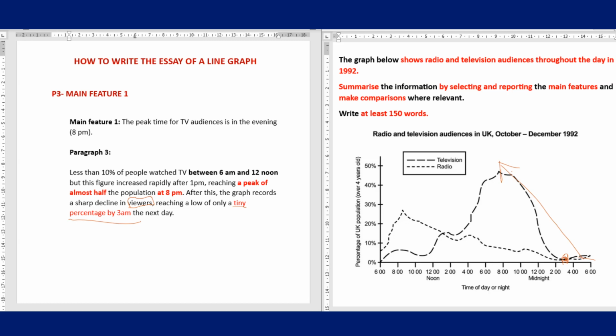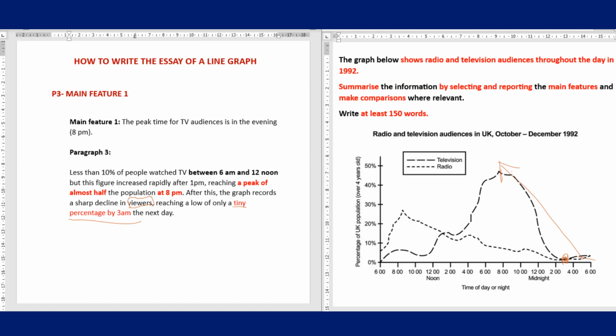All right, just use small. Only a small percentage by 3 a.m. the next day. So that's all. Just describe it and then you are done. You can see here, I've been using approximation, percentages, changing the words, not stating every part of the point. Okay, so this is how you describe them.